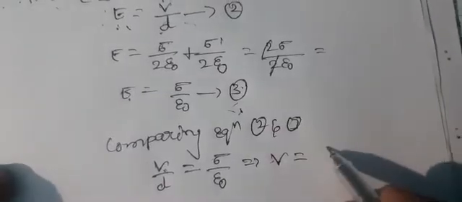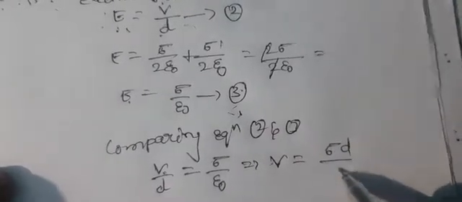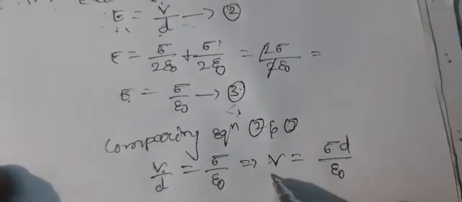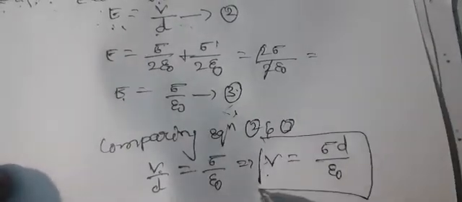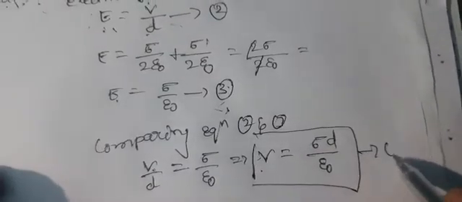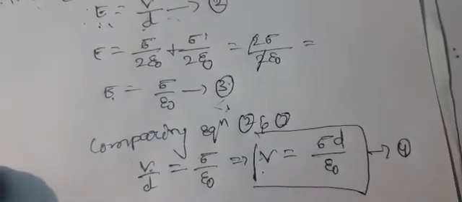Finding the potential difference, V is equal to sigma d by epsilon naught. That is called equation number 4.